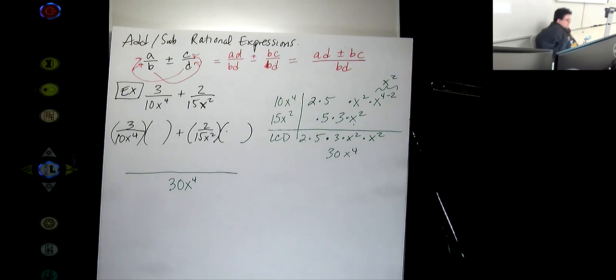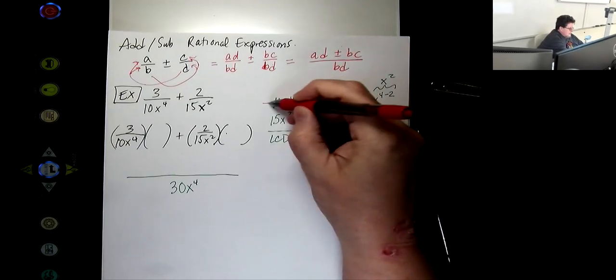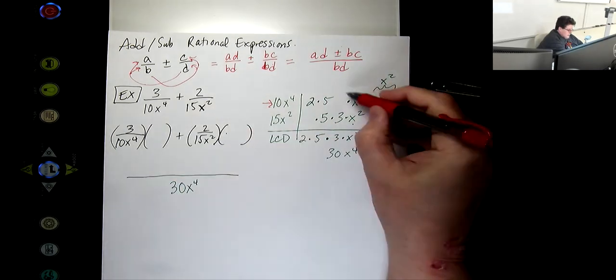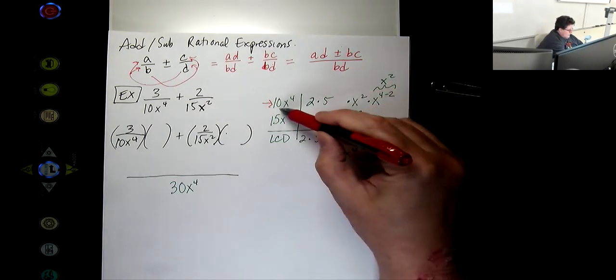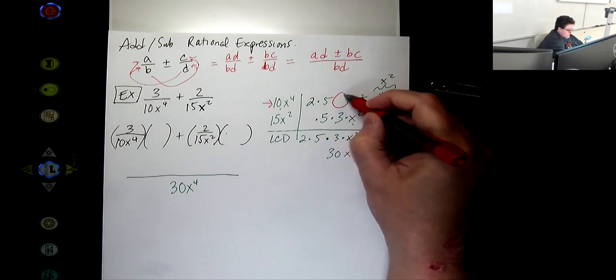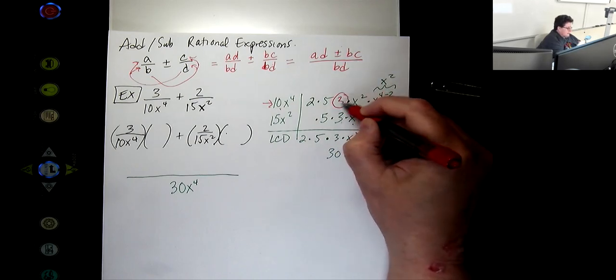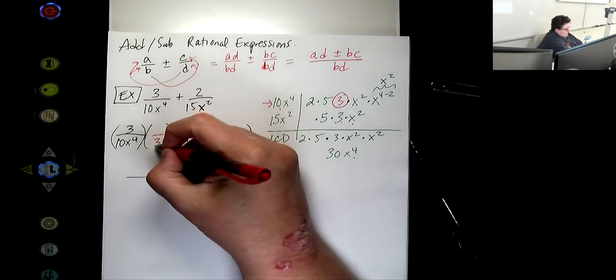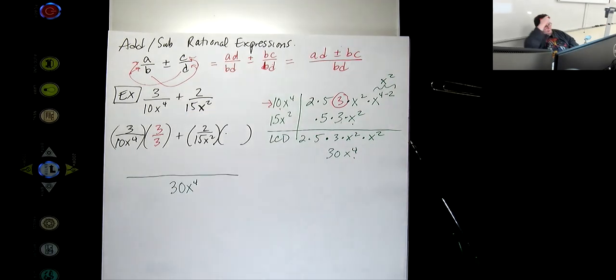Now, I'm going to look along each row and ask, what is missing? Where are my holes? If I look at the 10x to the fourth, I'm trying to figure out what I want to multiply this by. The only thing that stops this from being this is that right there. It's missing this 3. So I'm going to give it to it. I'm going to multiply it by 3 on bottom, which means I'll multiply it by 3 on top.